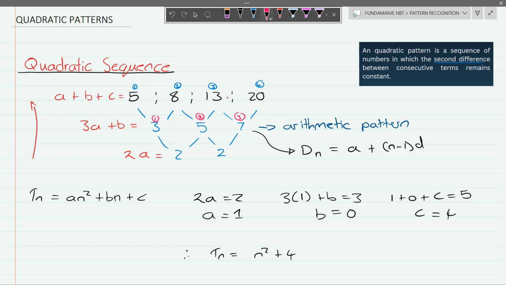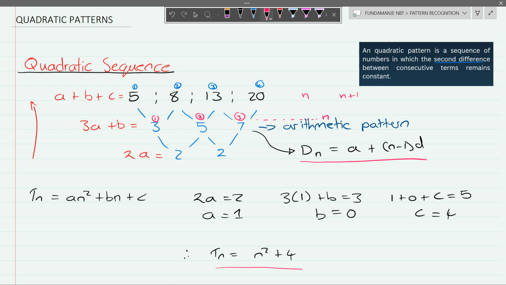That means for n along this pattern, it will be the difference between n plus 1 and n of the original pattern. So therefore, they can ask you what will be the difference between the 17th term and the 16th term. And then you can use this formula to just get the answer, especially if you're not given enough information to get the general form of the quadratic pattern itself.